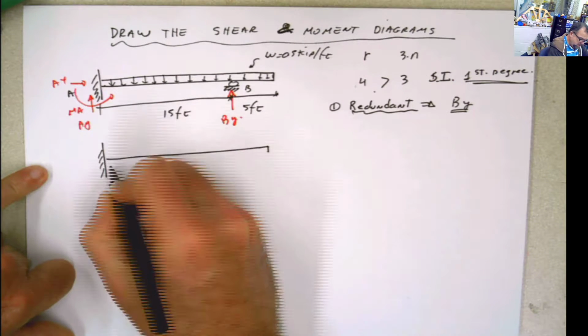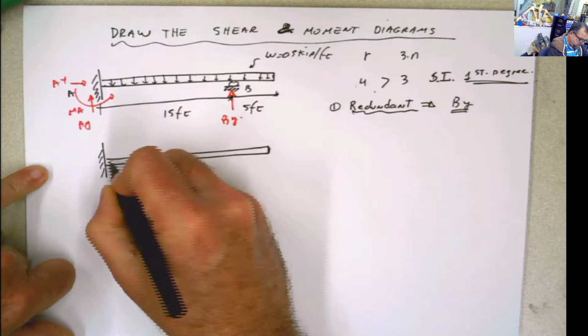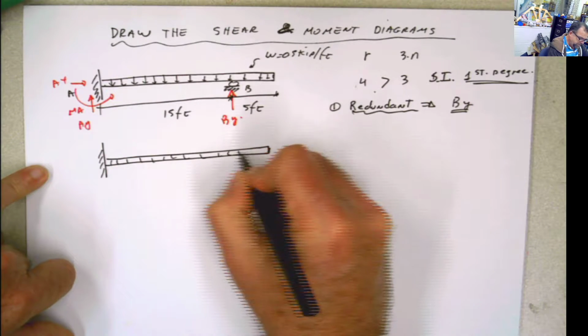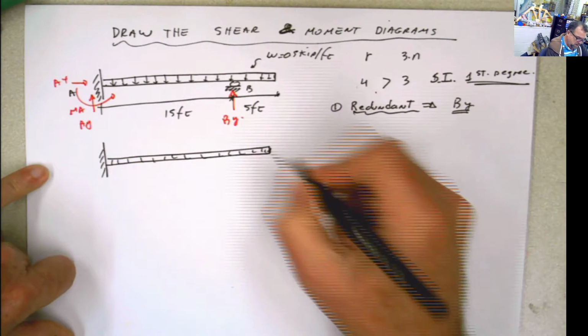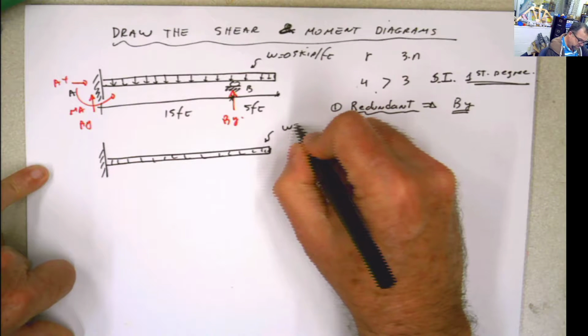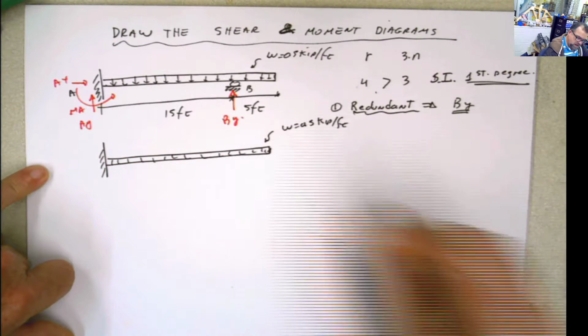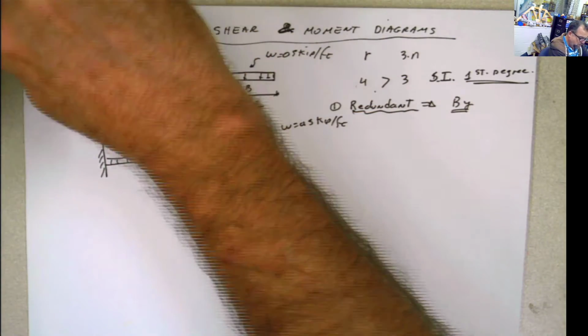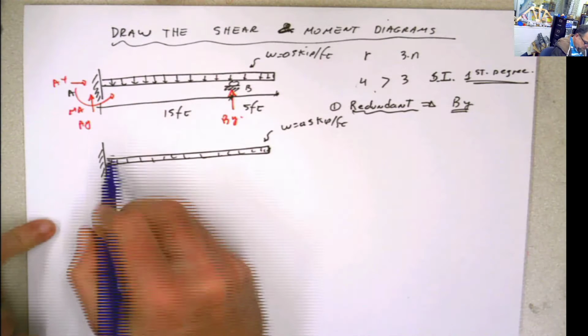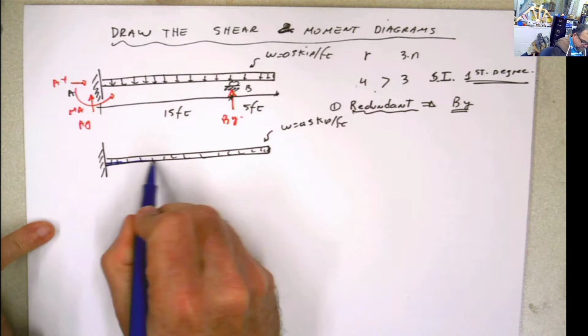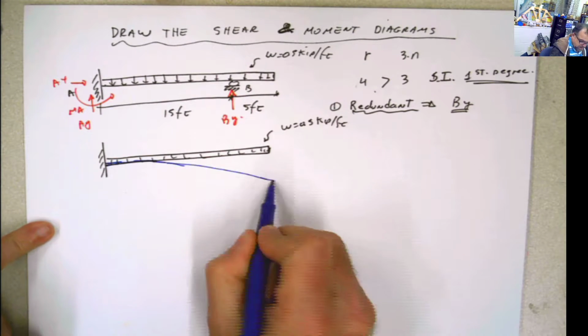now this structure like that, and this is going to be the same load, and this structure will deflect following something like that.